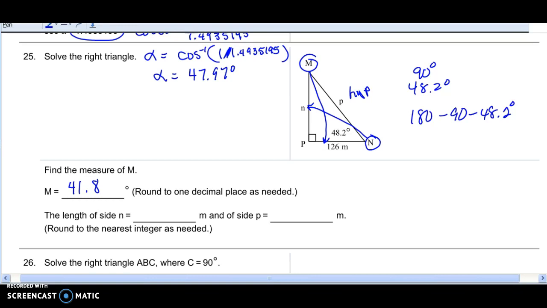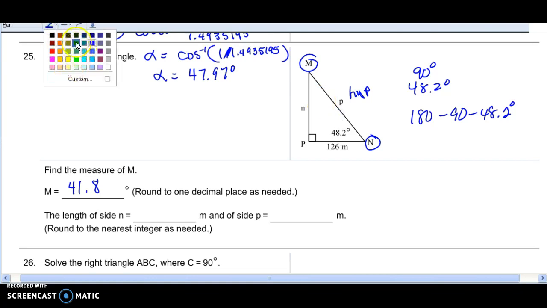Now let's set up a trig function to help us find our other sides. I'm going to work with 48.2. Let me go here.